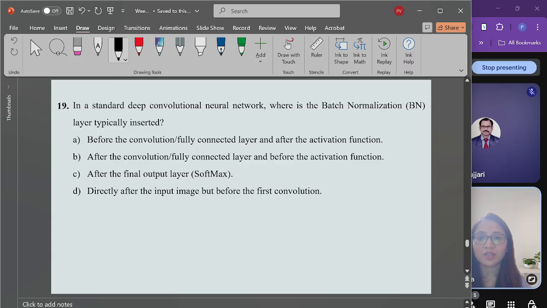Option C, after the final output layer, that is the softmax. Or option D, directly after the input image but before the first convolution. Which option is correct?